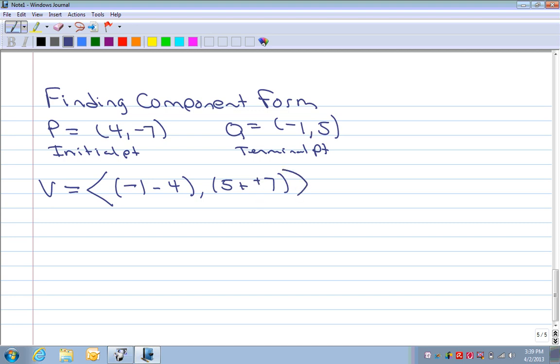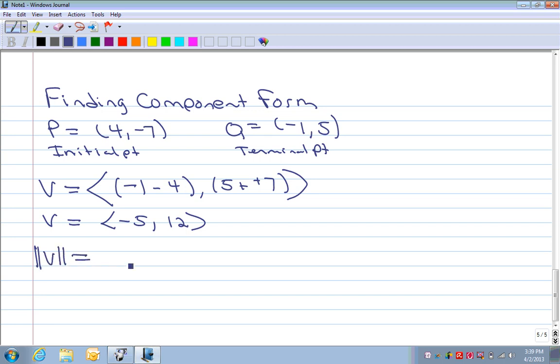So all of a sudden, our vector is going to become negative 1 and negative 4 is negative 5, 5 and 7 is 12. So the component form of our vector is <-5, 12>. Now we want to find the magnitude of this vector.